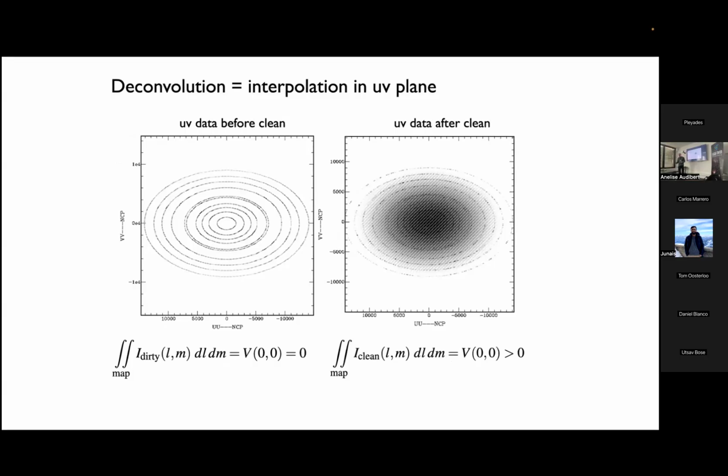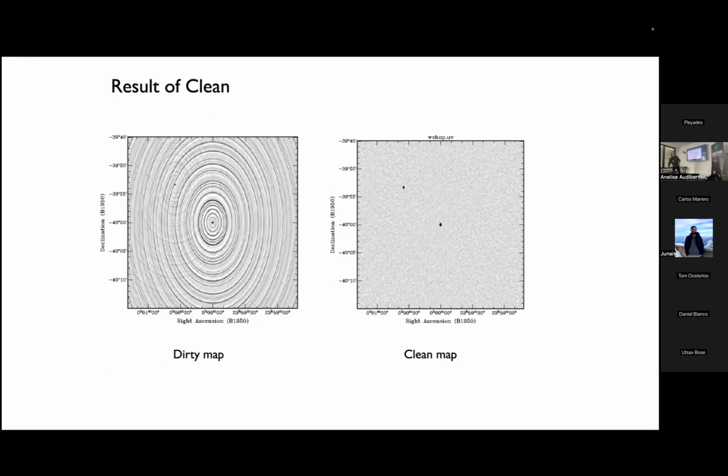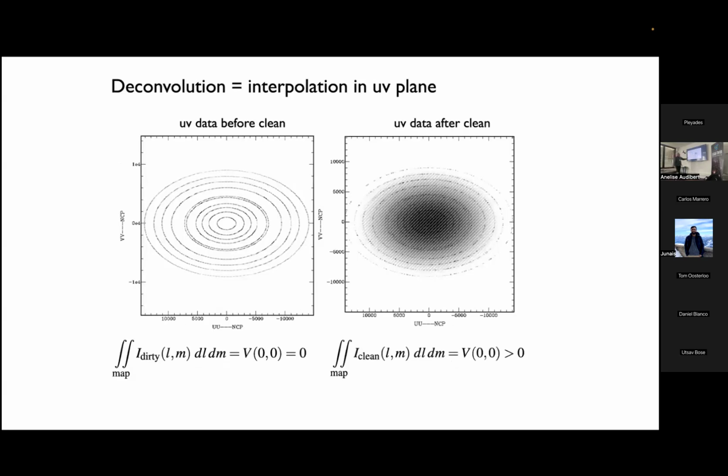And as I mentioned, with the clean, we have to find an algorithm to interpolate. If I Fourier transform this clean image, so after the deconvolution, you can actually see what happened. It filled up the spaces in between. The empty spaces are now filled up using this iterative clean procedure. So we have solved the problem. And another consequence is, as I mentioned before, because we don't measure at 0, 0, the total flux of our dirty map is 0, but you see clean also interpolated to 0, 0.